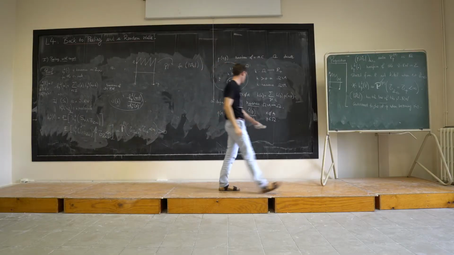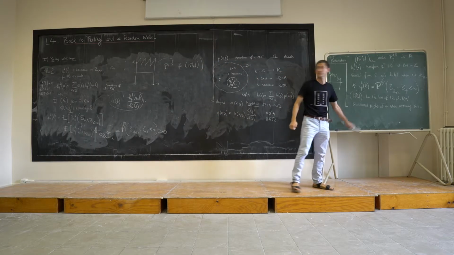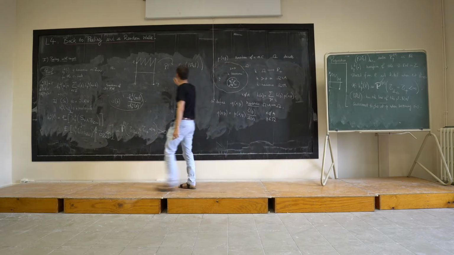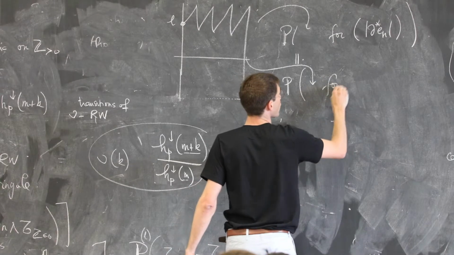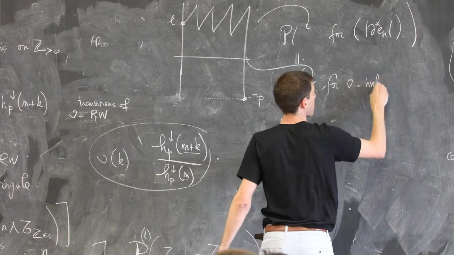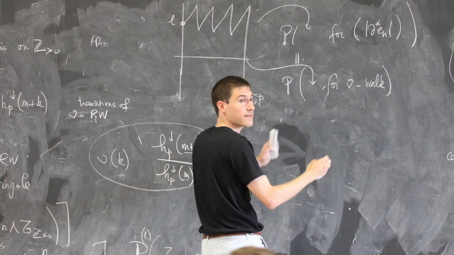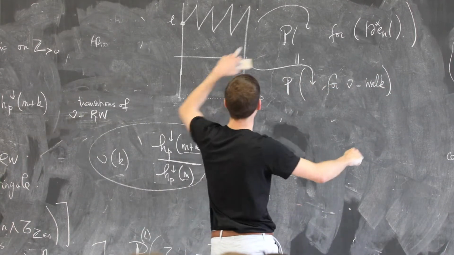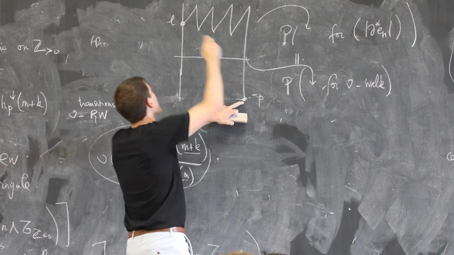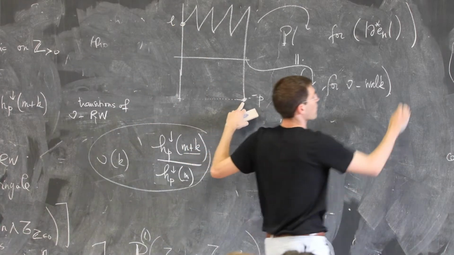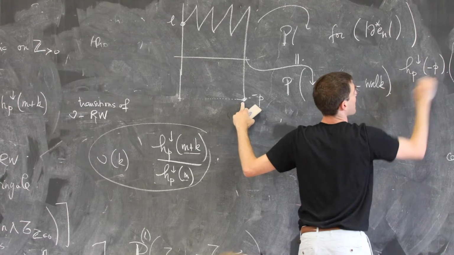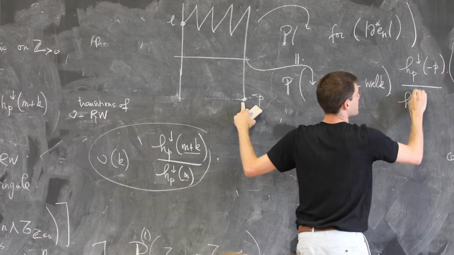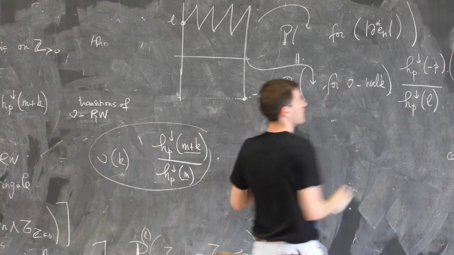It's the formula I erased here. This is just the probability that we see this path for the nu walk, times the ratio of the H transform at the ending point divided by the starting point. So H_p of minus p divided by H_p of L.